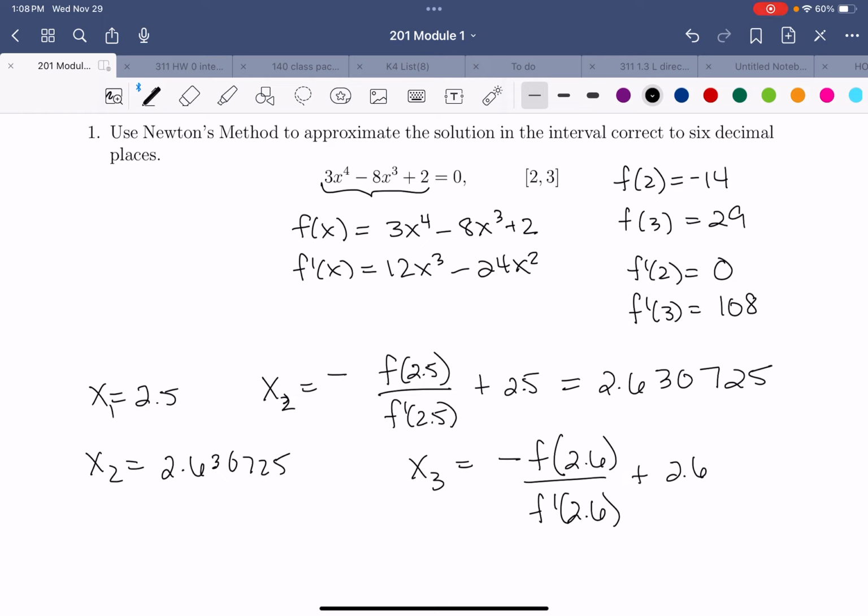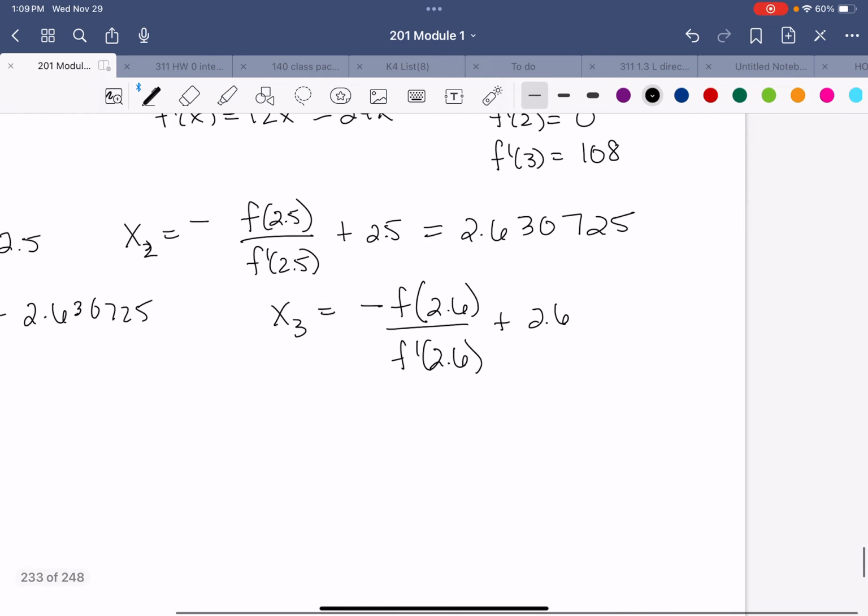We're going to plug it back into that formula. With your graphing calculator, with 2.630724913 on your screen, hit store alpha A. That puts that new number into your A. Now hit second enter, and that brings up the equation that you just typed in. Hit enter, and it's going to give you your next value.